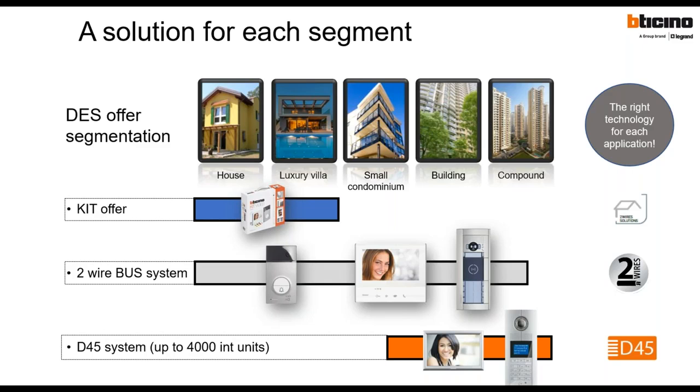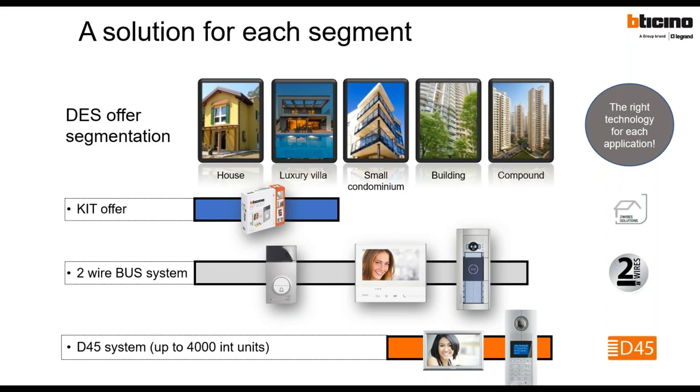Then we are having the two-wire system that is covering all the needs, because we can start from the single house and arrive till a compound of towers. And we have as well the D45 system that is using a Cat5 cable.